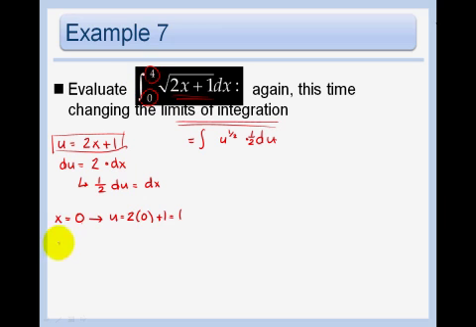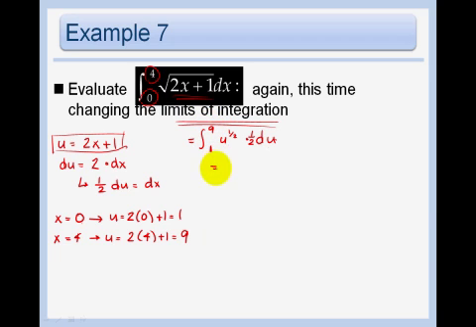When x is 4, what is u? Nine. So, since I have all u's, I must also have u bounds. So my bounds are going to be 1 to 9.